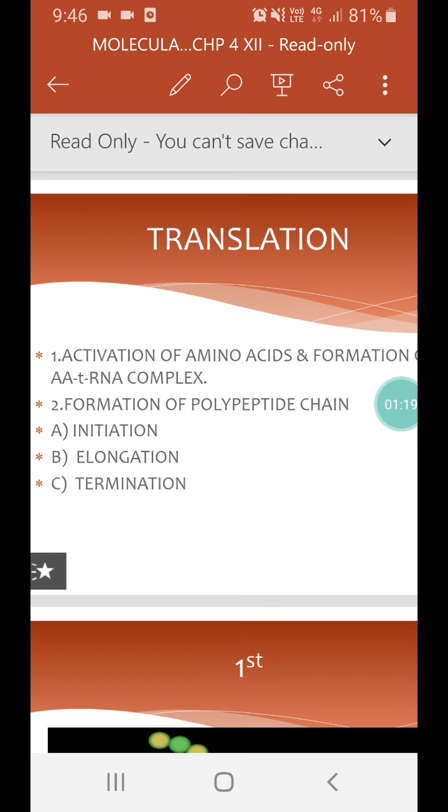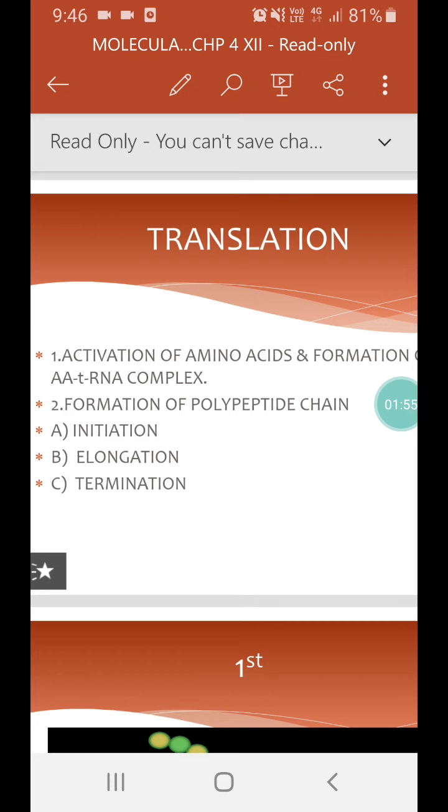Now first is activation of amino acids. So in the presence of enzyme amino acyl tRNA synthetase, the amino acid, that is AA, molecule is activated, and then each amino acid is attached to a specific transfer RNA molecule at 3' to form amino acyl tRNA complex, that is AAtRNA complex.